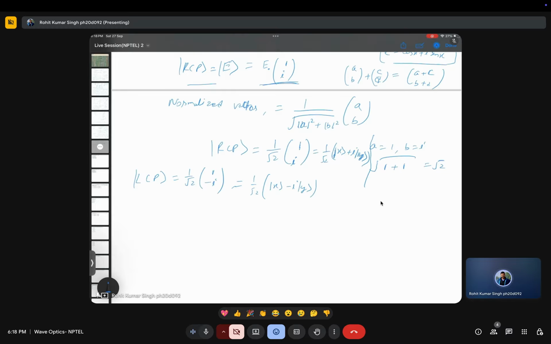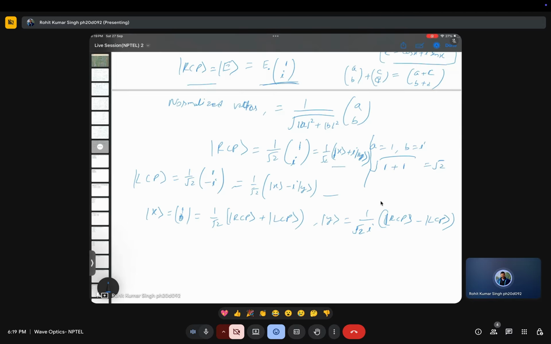You can add these two equations and you will get x, which is the 1 0 matrix, equal to RCP plus LCP. And y, if you subtract this equation from this, you will get 1 over square root of 2i times RCP minus LCP.